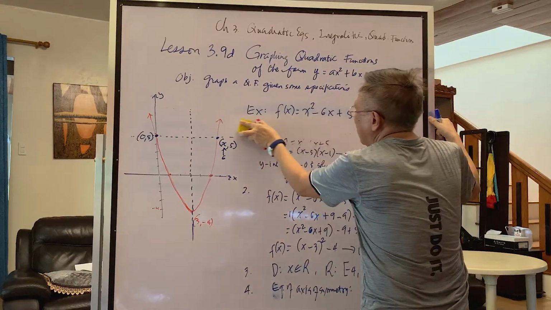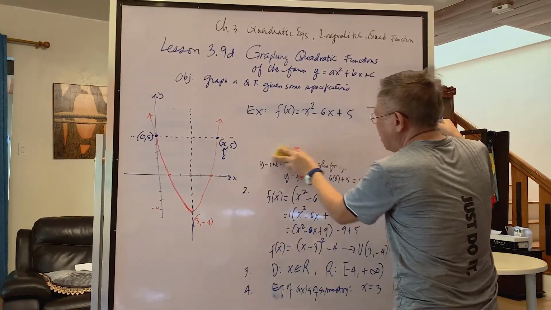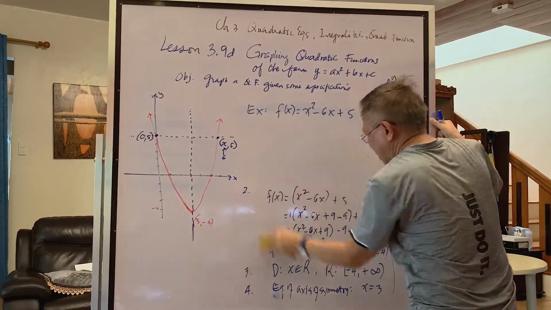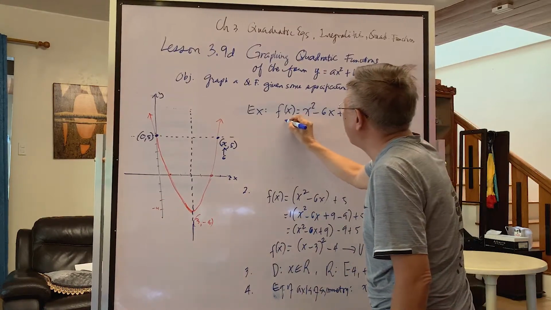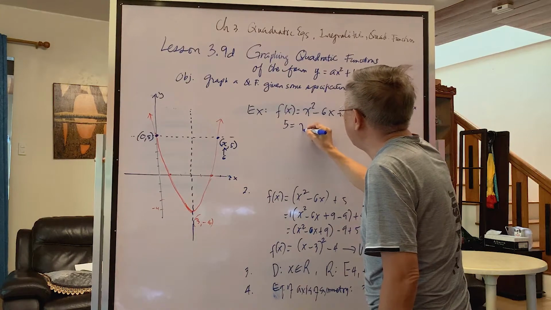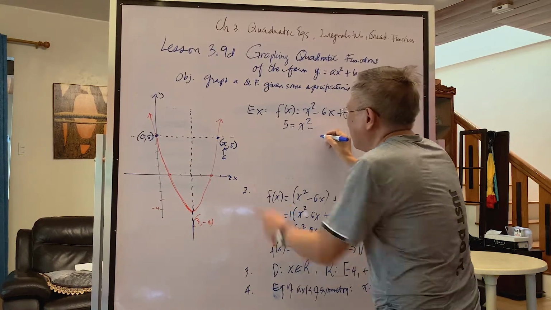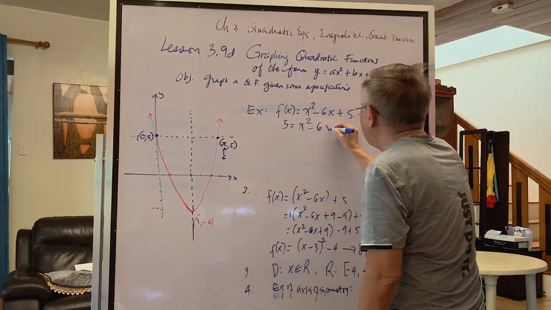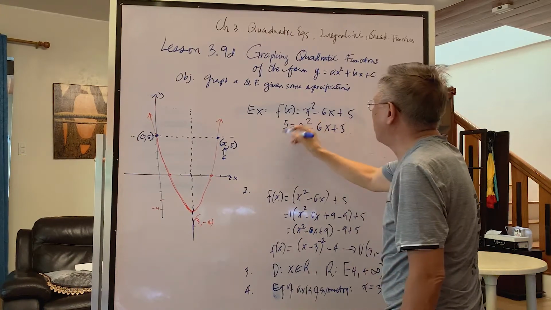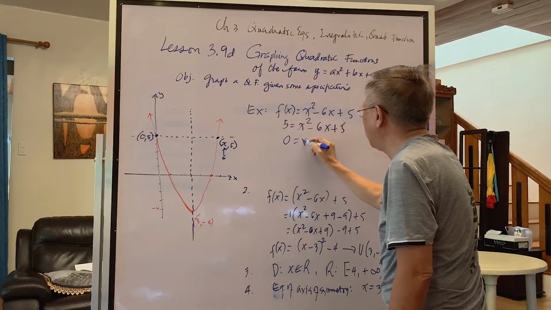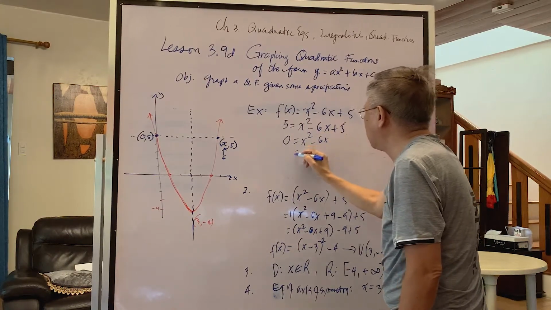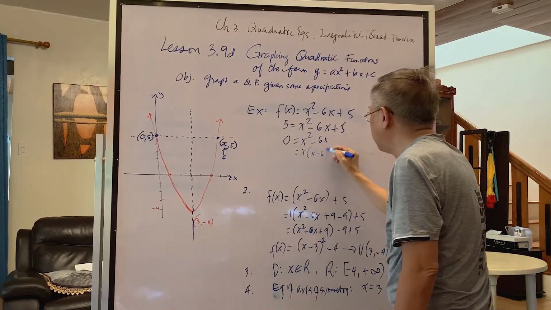Now, to show that that is 6, we can get back to the original equation, and we will make this equal to 5. If this one is equal to 5, that's y equals 5, and I will solve for x. So this will cancel off here. I get 0 equals x squared minus 6x, or x times (x minus 6).